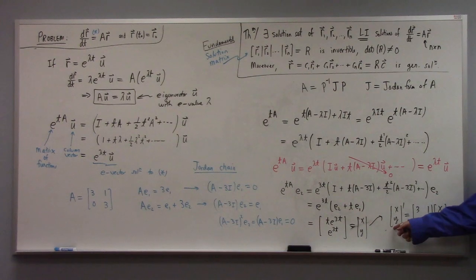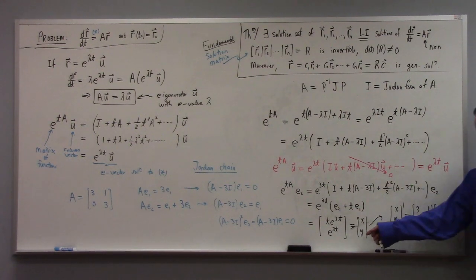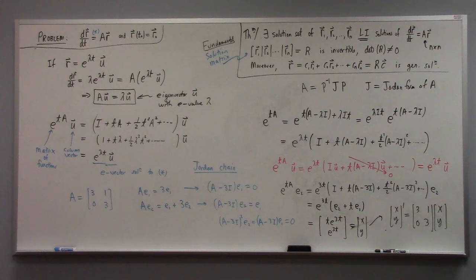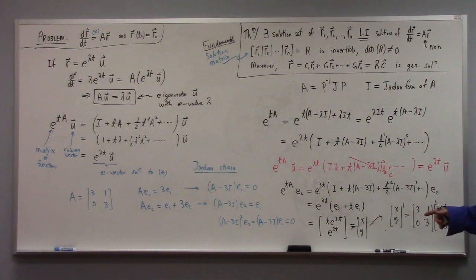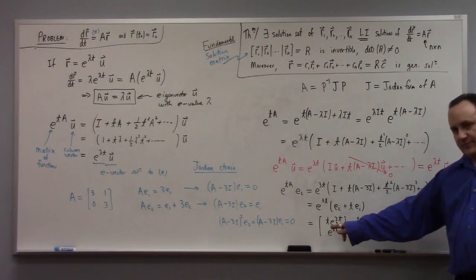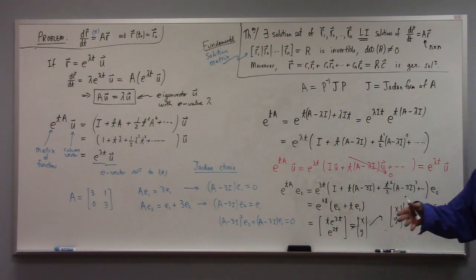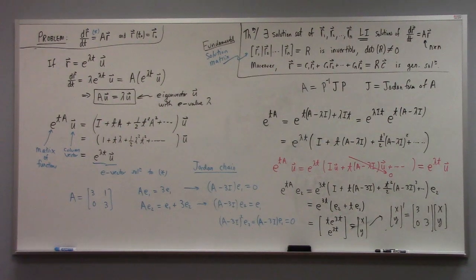The second equation is y prime equals 3 times y. If y is equal to e to the 3t, then y prime is 3e to the 3t. Now, how about the first one? 3 times x is 3t e to the 3t, plus y, which is e to the 3t. Is that equal to the derivative of x? The derivative of t e to the 3t is 3t e to the 3t plus e to the 3t. Yeah, it works.